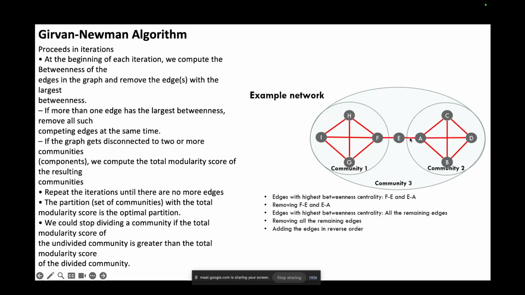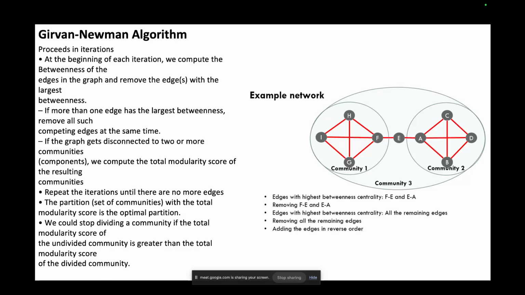In this case, this will be E, because this node connects the shortest distance between a lot of nodes. Say F and A, the shortest distance is this, E connects that. H and B, the shortest distance is this, E connects that. C and G, the shortest distance is this, and E connects that. So E is the node with the highest betweenness centrality.